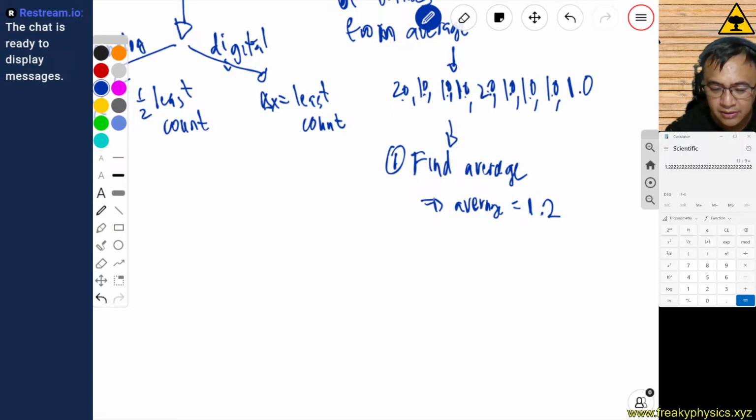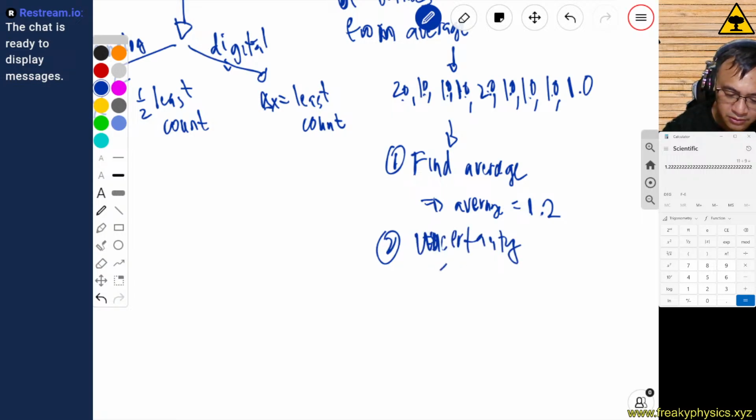And then, there are two ways to find the uncertainty here: the easier one and the more accurate version. The easier one is to use the half range.